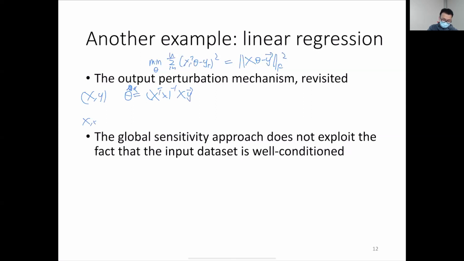And suppose we add one data point to X and y, I guess one data point to the label. Then in the alternative world, this linear regression will return just a slightly perturbed version of this original objective function.